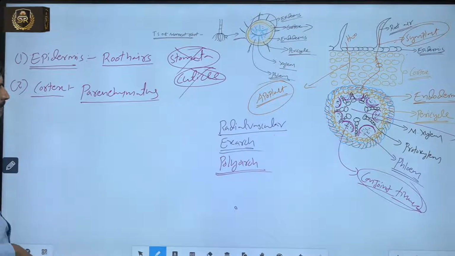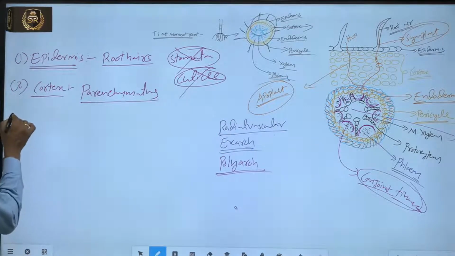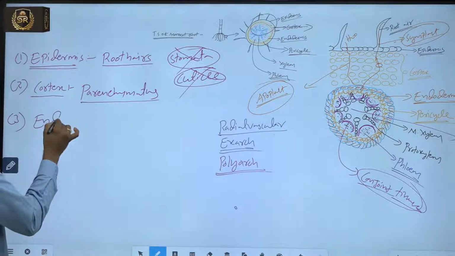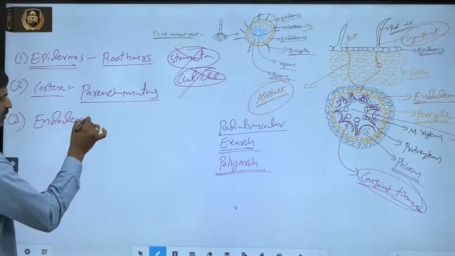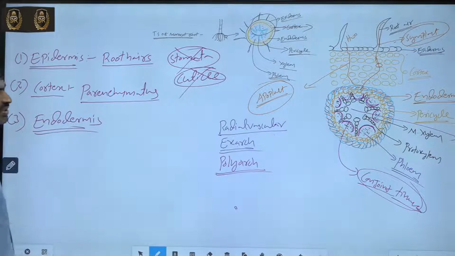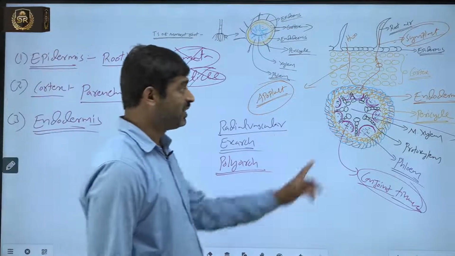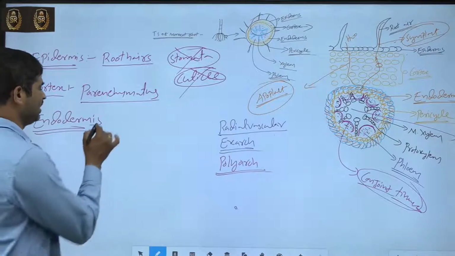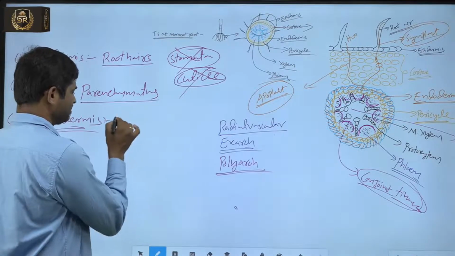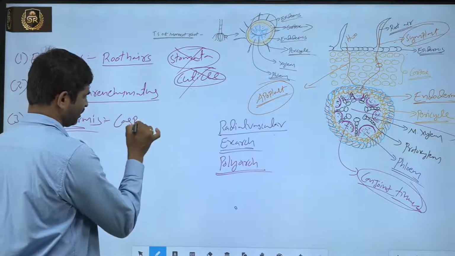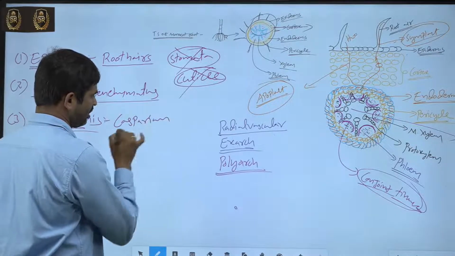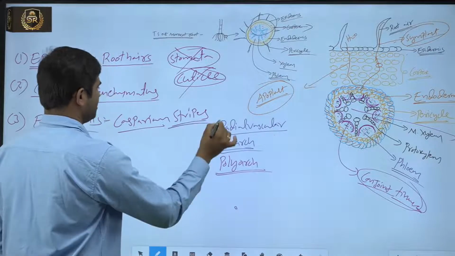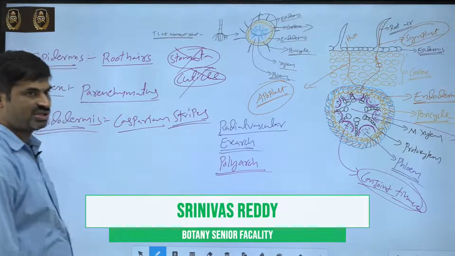Next one, endodermis. Endodermis internally has Casparian strips present.